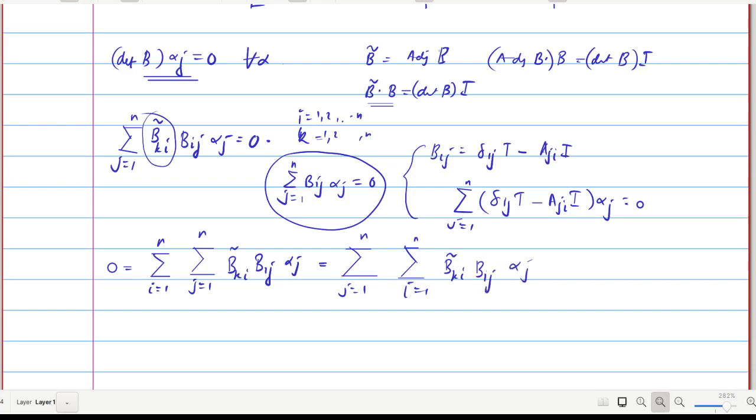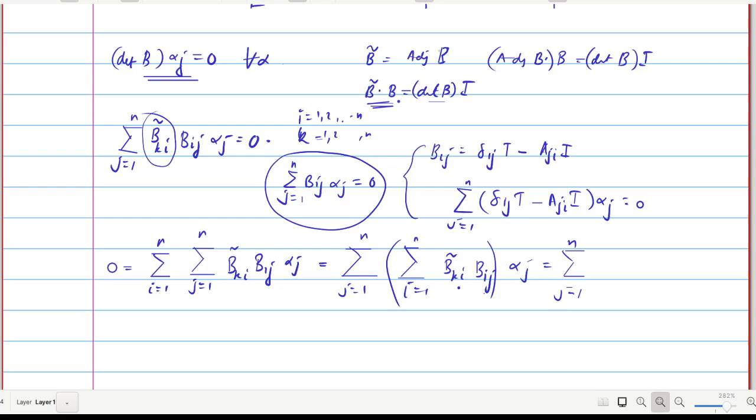But we know that this summation is over i. So alpha j is independent here, so you can take it out. So this is equal to summation j equal to 1 to n of the kjth entry of identity transformation times alpha j. Okay, because we know that b tilde b is equal to determinant b times I_n. So this is the kjth entry of the matrix determinant b times I_n.